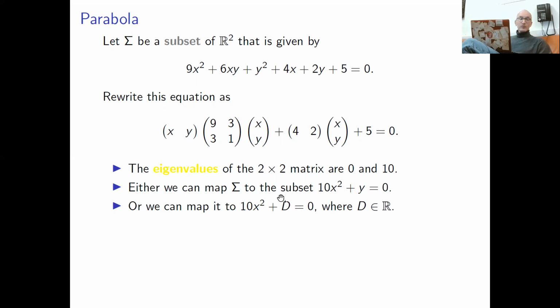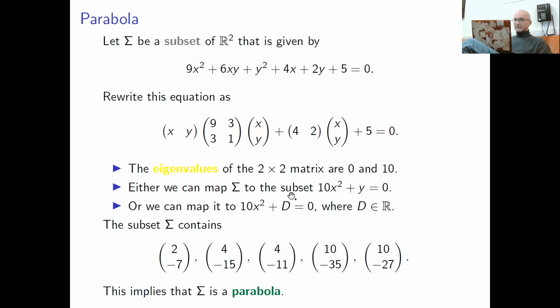You cannot have d equal to 0, because in this case it's a line. Every 3 points on this curve must be collinear, contained in one line. And to distinguish from the case of two parallel lines, if you manage to find 5 points such that no 3 of them are collinear, like with the hyperbolic case, this is a parabola.